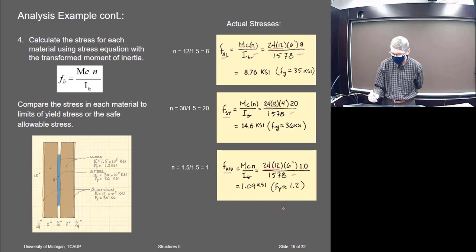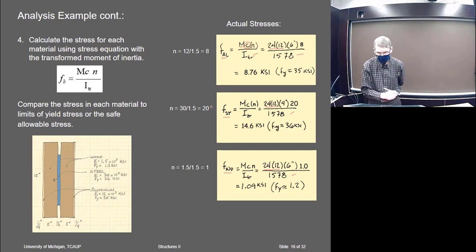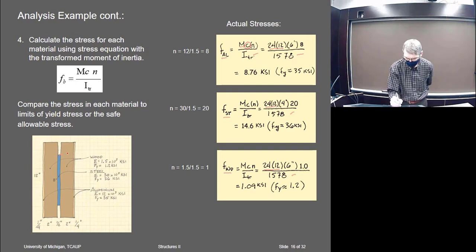So what changes is this C, of course, because the steel has got a little bit lower. Here we've got the C. This is our center line. Here we've got a C of 6 inches, and here it's only 4 inches, right, for the steel.